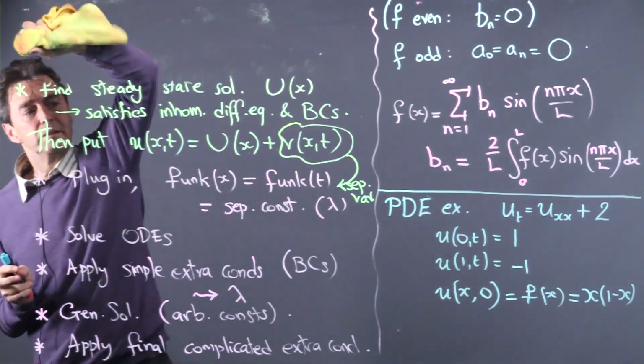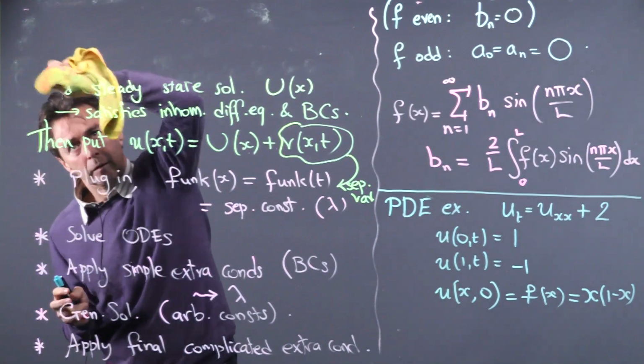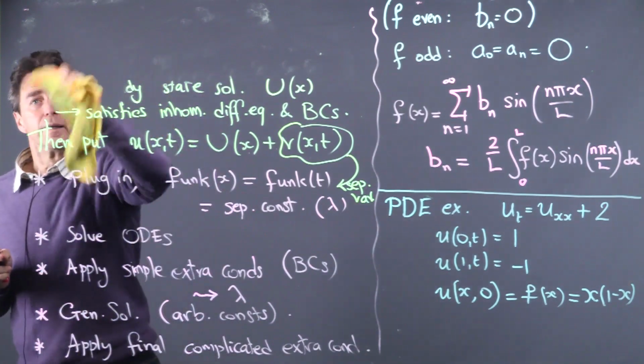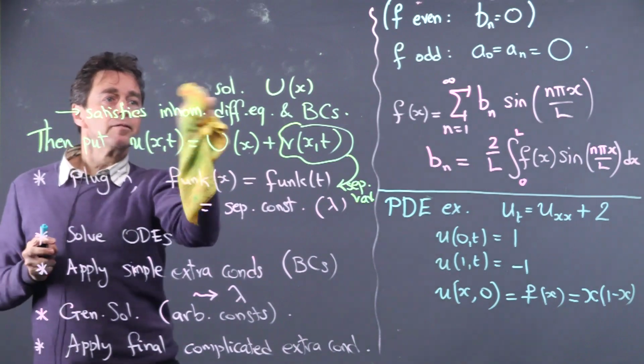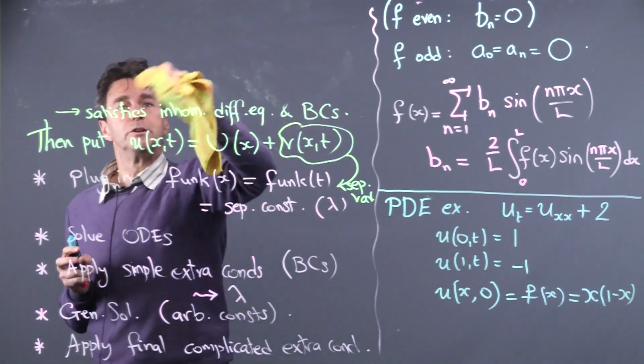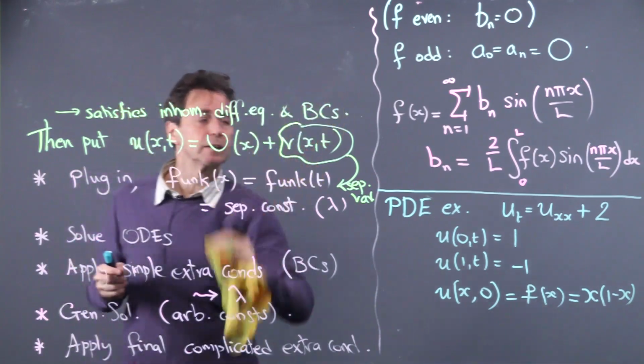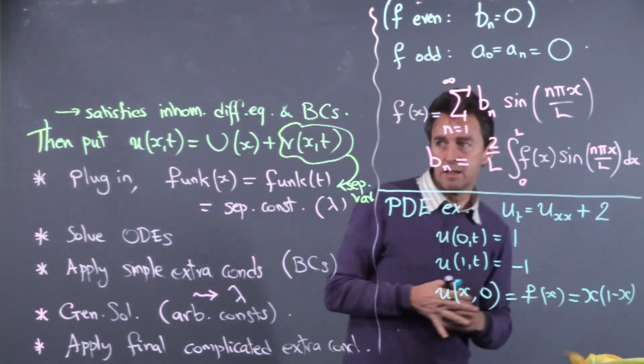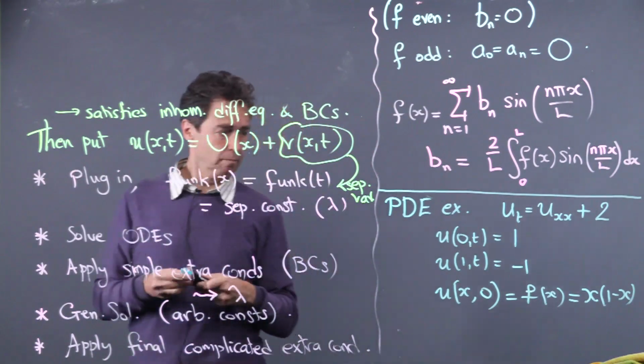Right, so the steady state solution. And it satisfies the differential equation and the boundary conditions with all of the inhomogeneous terms in there. So the only thing that it doesn't have is any dependence upon time.